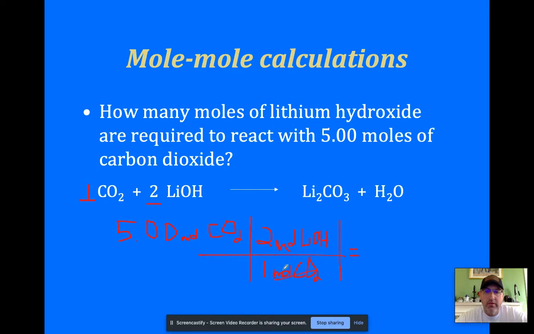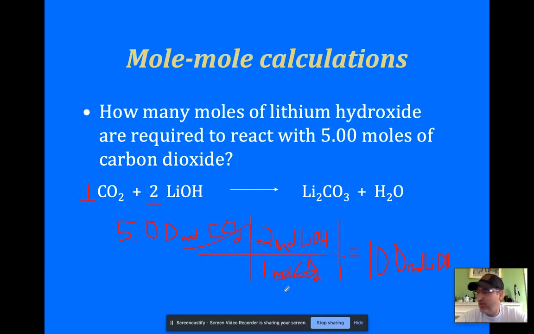Moles of CO2 cancel. 5.00 times 2 divided by 1 is 10.0 moles of LiOH. That's a bad H, but it's fine. Okay, that's it. That's a mole calculation.